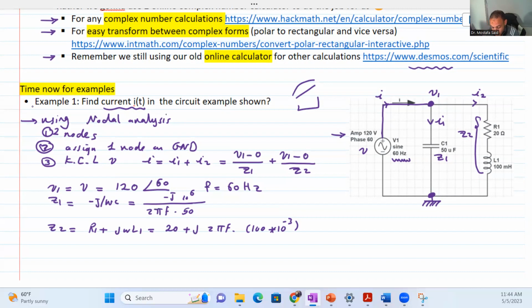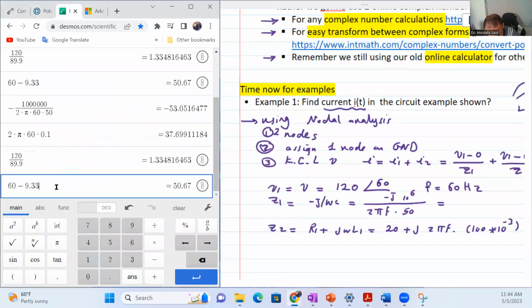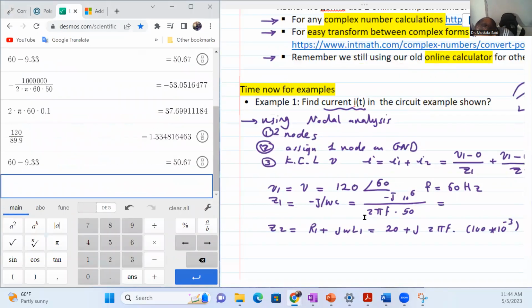But we have to simplify Z1 and Z2 just to get one number. So we're going to use our online calculator. That's very simple. So let's put this aside and go to Desmos here. Okay, so let's start with Z1.